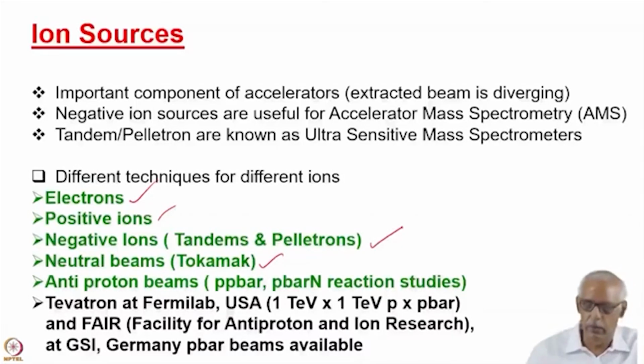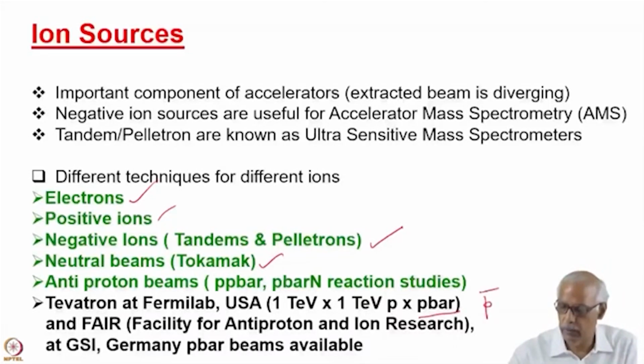So these beams are available for nuclear reaction studies or particle physics studies, and they are available at few places. For example, in Tevatron at Fermilab, USA, 1 TeV anti-proton beam. Anti-proton is P bar.